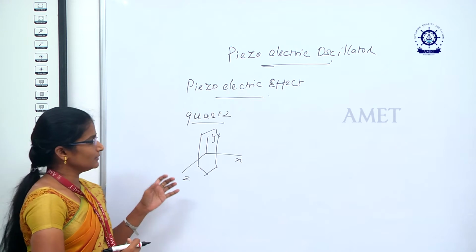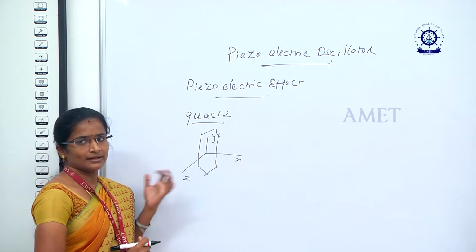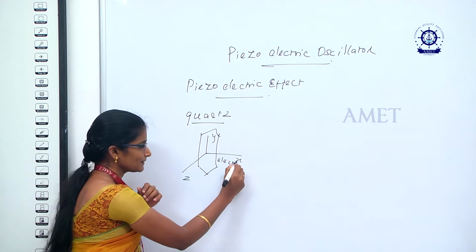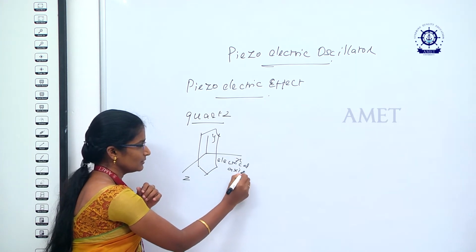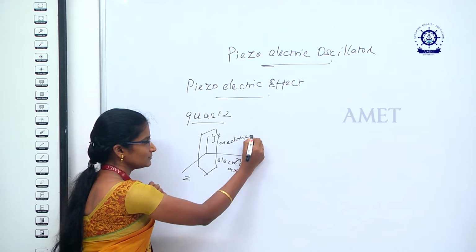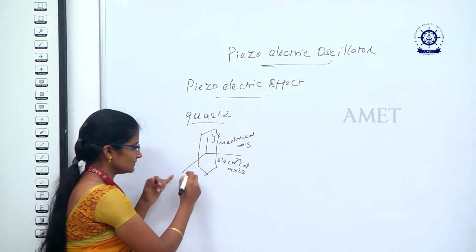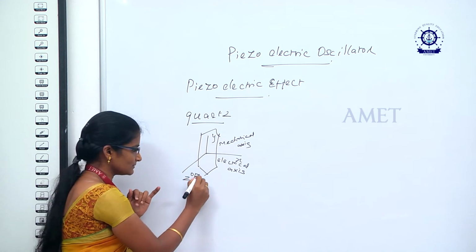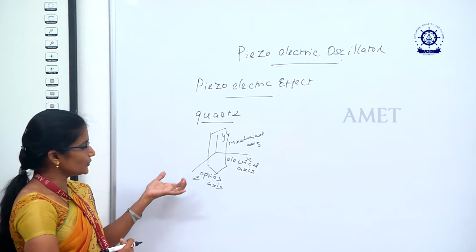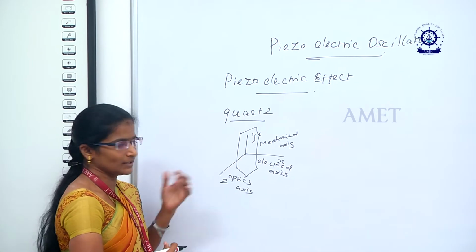You are already well aware of the x, y, z axes. The x axis is always the electrical axis. The y axis is the mechanical axis. The z axis is the optical axis. The ultrasonic waves are produced only along the z axis, the optical axis.